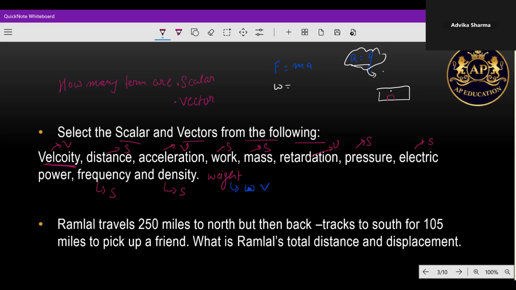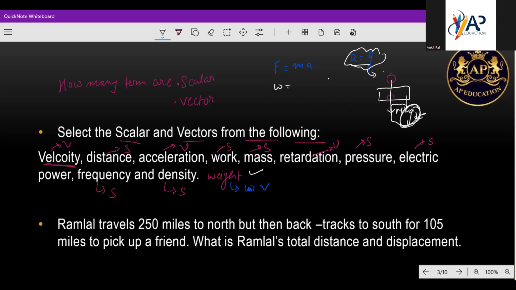Suppose this is an object; its weight always acts downward. Even g always acts downward. So it has a particular direction with respect to g. That's why it is a vector quantity. I think it is clear.